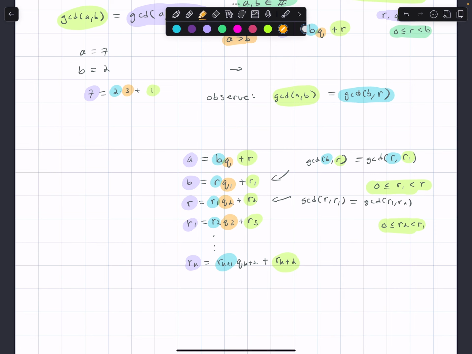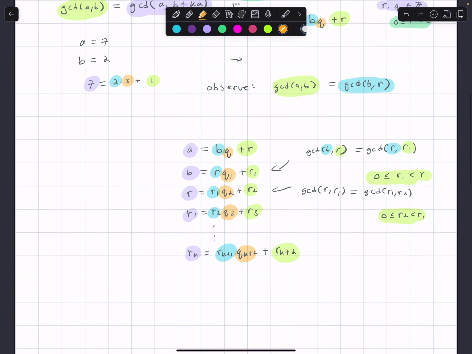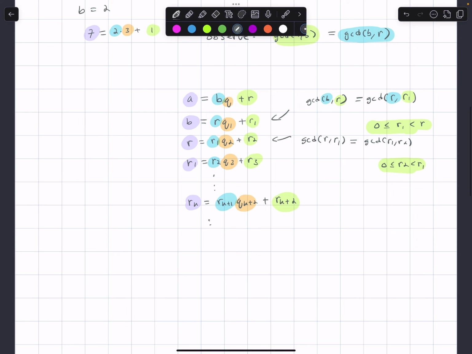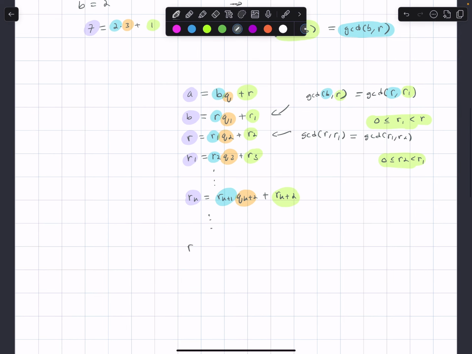And we keep doing this until we wind up with, let's say, Rk is equal to Rk plus 1 times Qk plus 2 plus, actually, you know what, why don't I just do this? We'll make this the second last one.